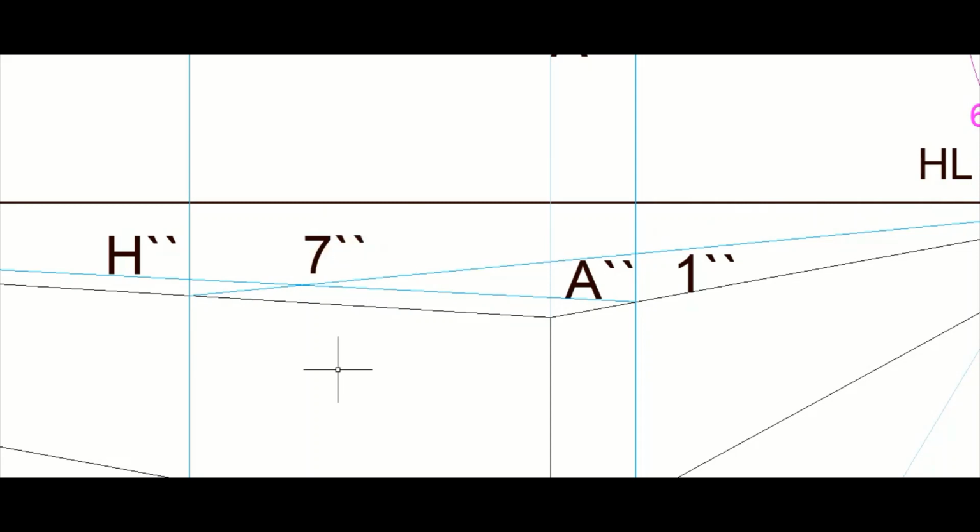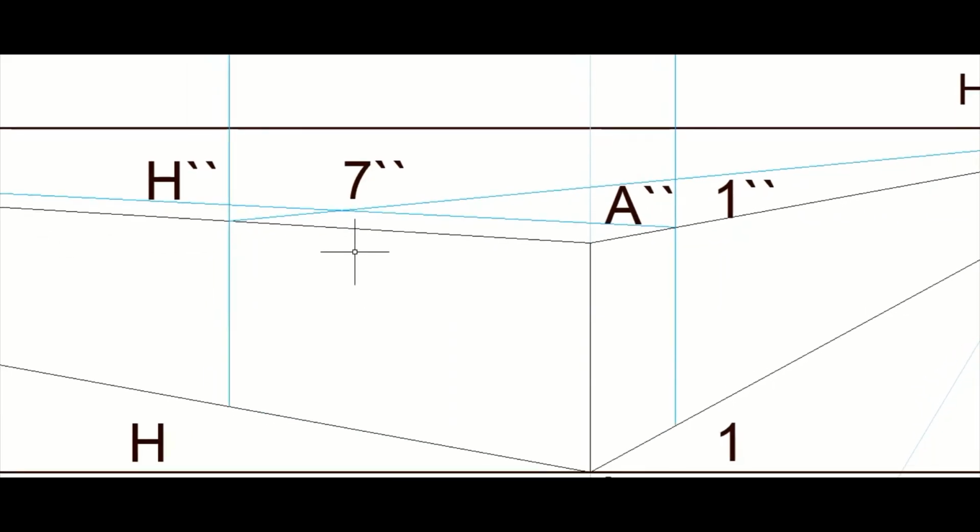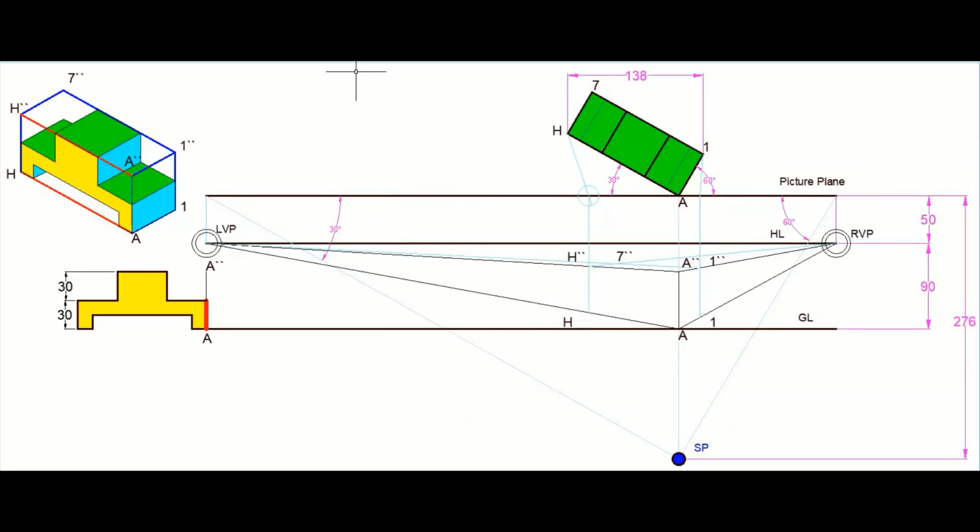So that is how we can get the perspective of the bounding box. So we can just trim the unwanted lines to get a clarity on the bounding box. So all these lines will go, and finally we are just left with this bounding box.